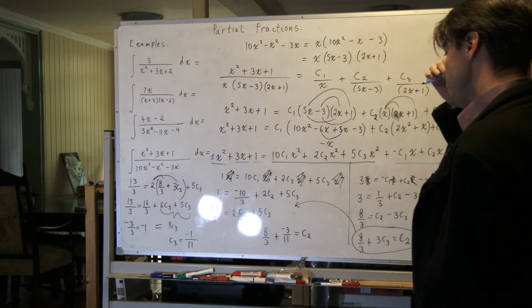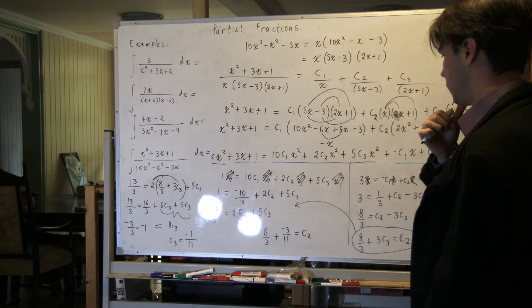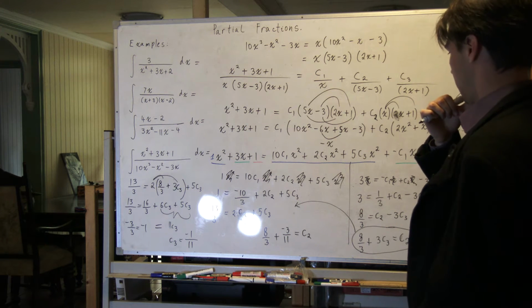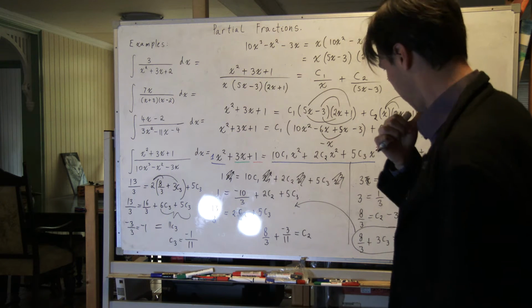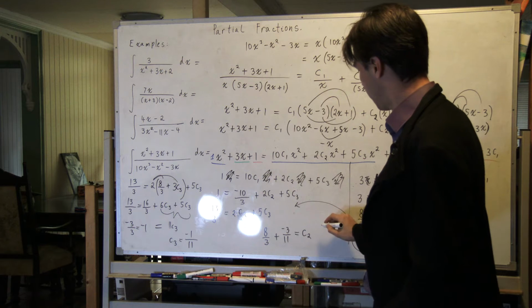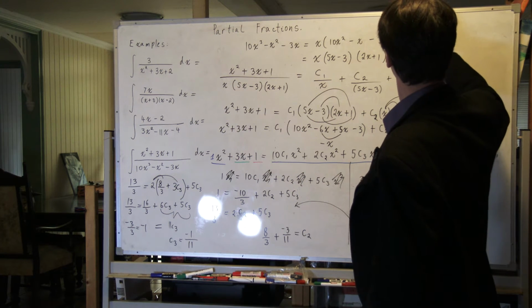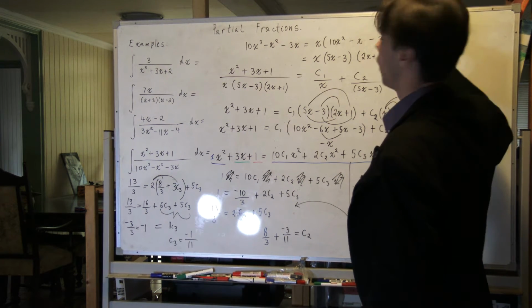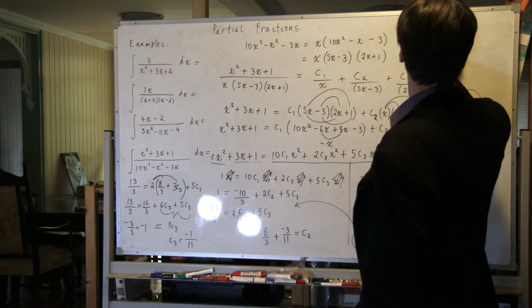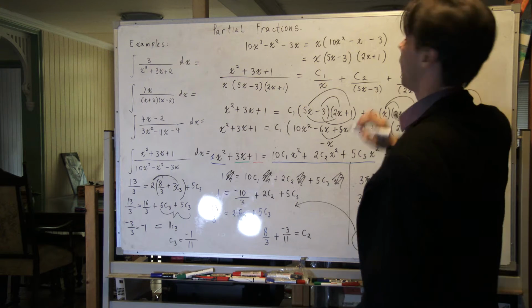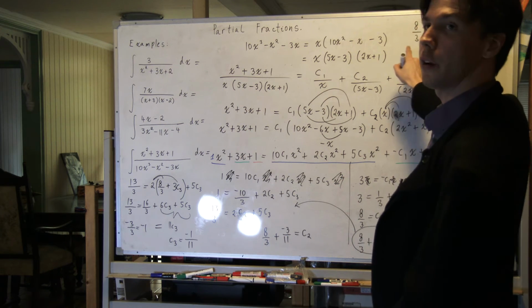Now, let's make them fractions out of 33. So I'm going to have eight over 3 equals something over 33. I have to multiply by 11 to get 3 into 33.